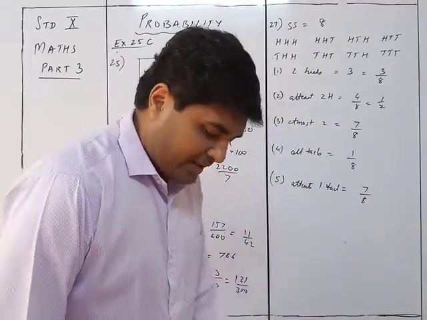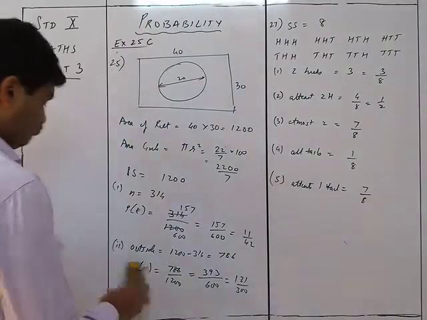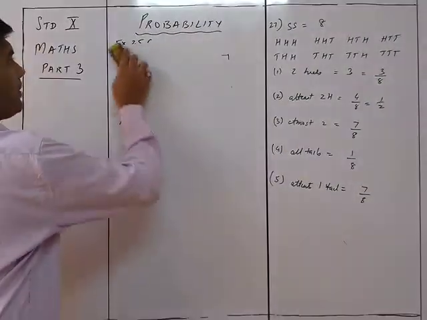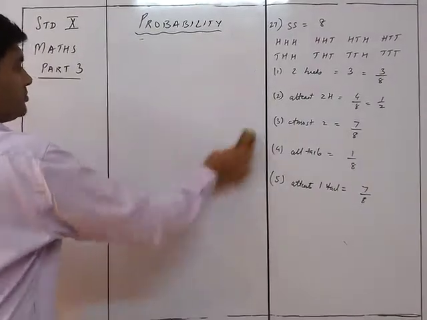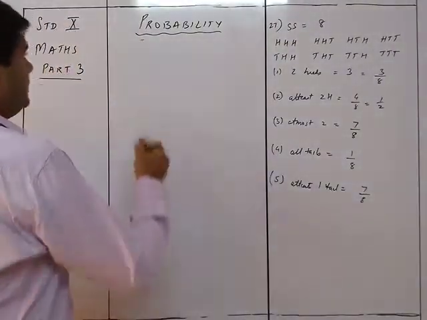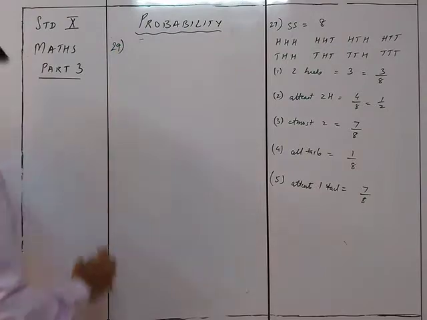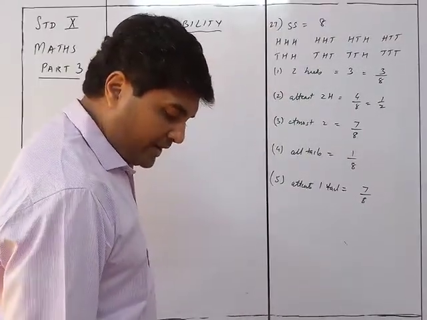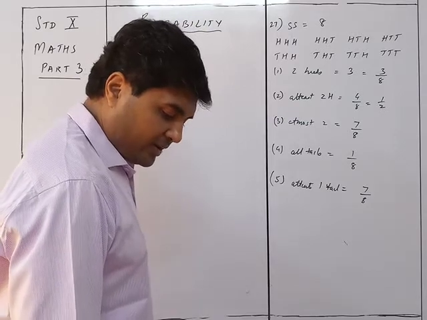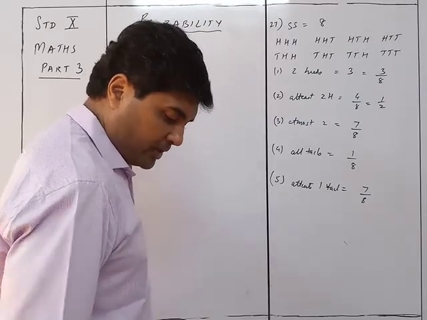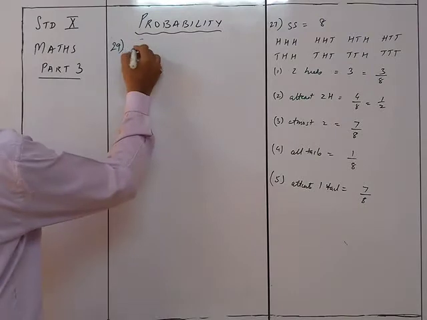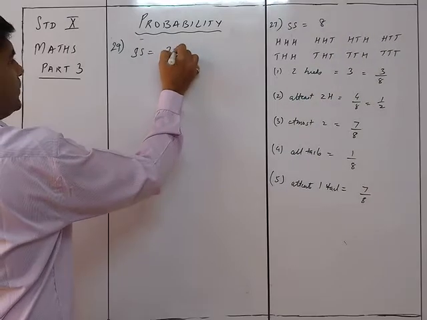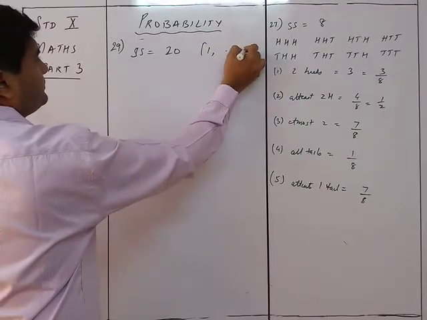Move on to sum number 29. Cards marked with the numbers 1 to 20 are well shuffled, and a card is drawn at random. Find the probability that the number on the card will be a prime number. So first thing is the sample space is equal to 1 to 20.